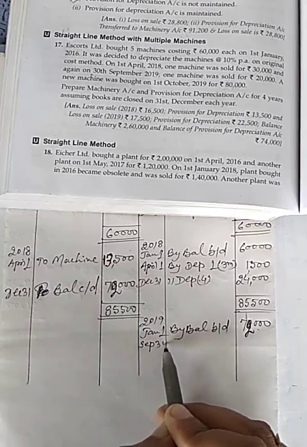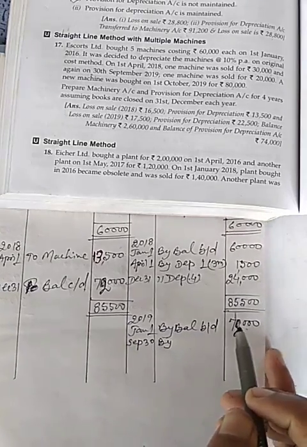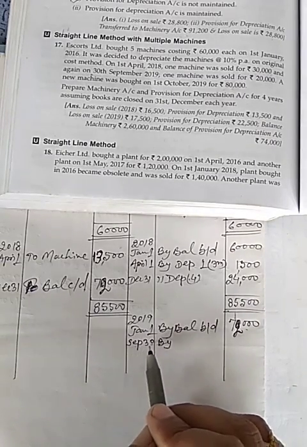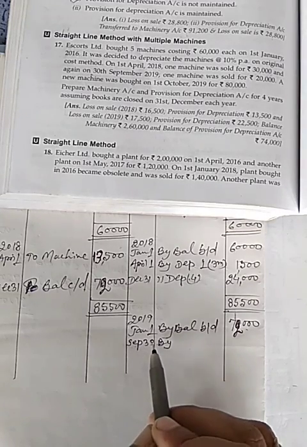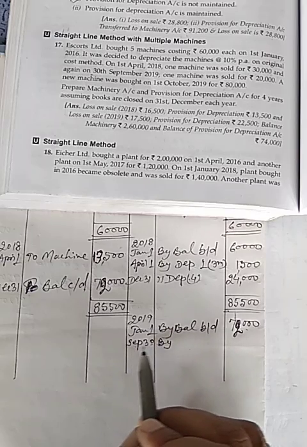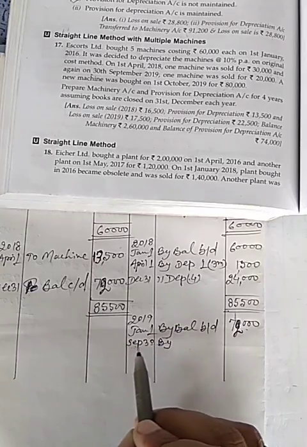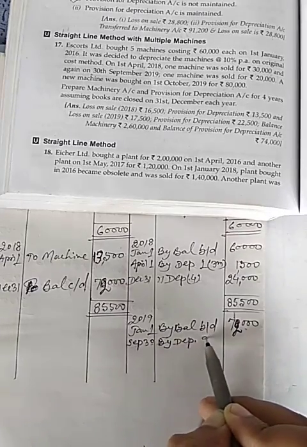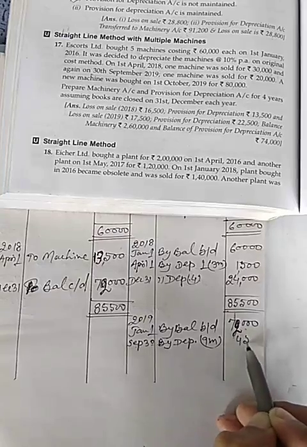So I will calculate depreciation separately up to September 30 on one machine. On one machine, depreciation for 1 year will be 6,000, and for 9 months depreciation will be 4,500.